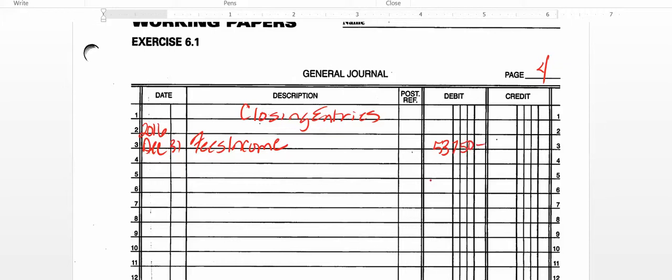We're getting rid of the balances in all of our temporary accounts. Temporary accounts are revenue accounts and expense accounts, and sort of the drawing account. The drawing account, you'll see as we go on. Okay, so we've debited the fees income, and then we need to credit this new imaginary account, not really imaginary, but called income summary.